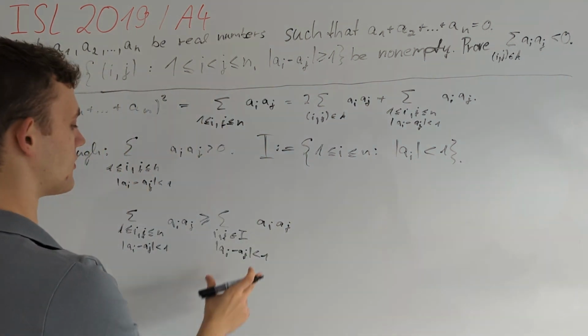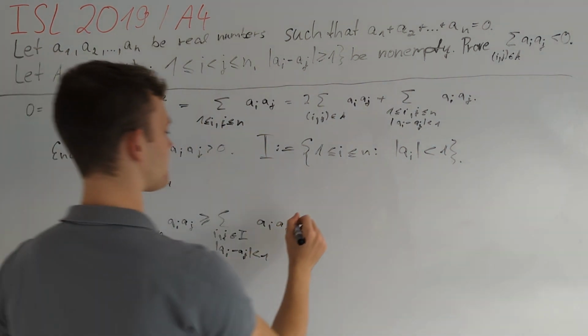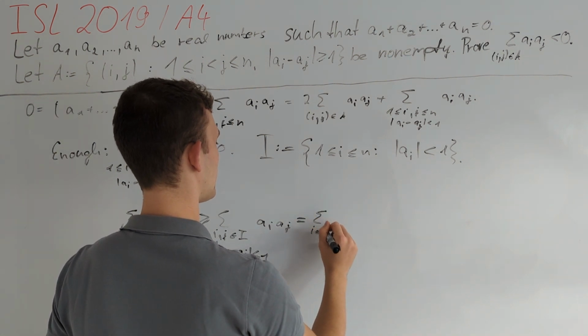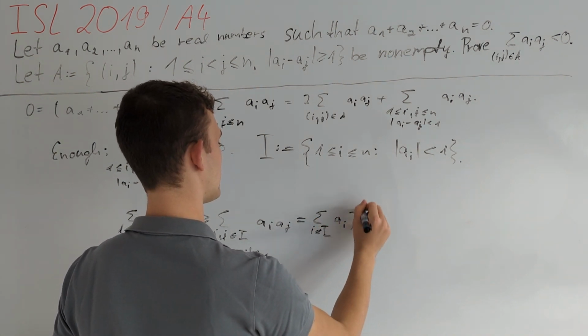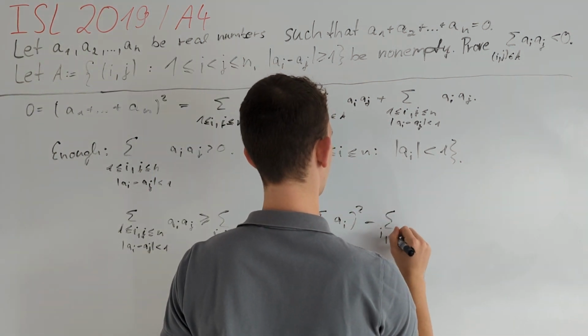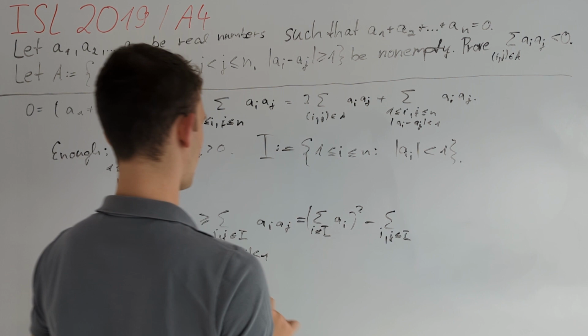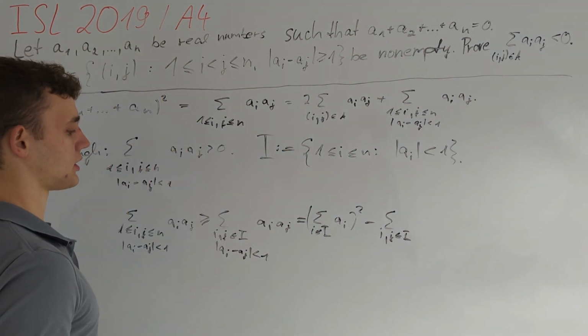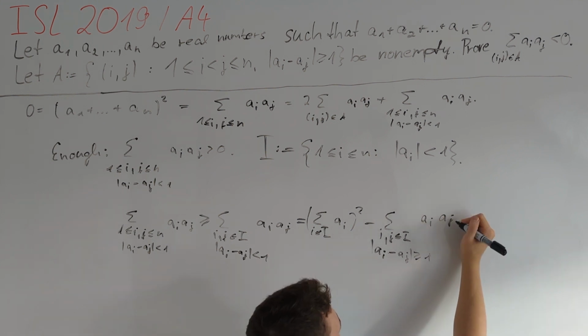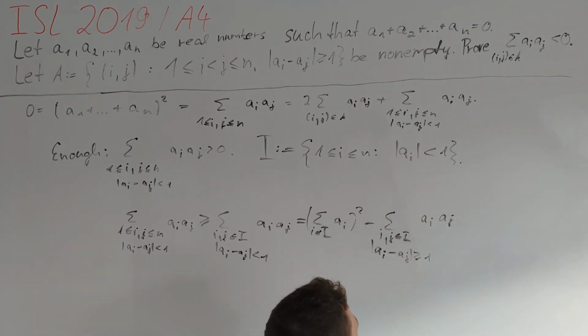So we can rewrite this sum again as the sum over i in I of ai squared, minus the sum over indices (i, j) in I, such that the absolute value of ai minus aj is greater than or equal to 1, of ai aj.